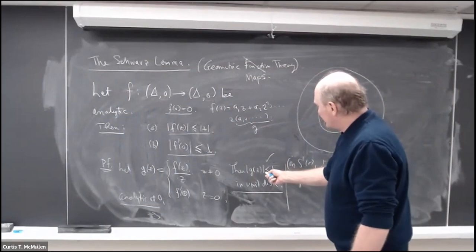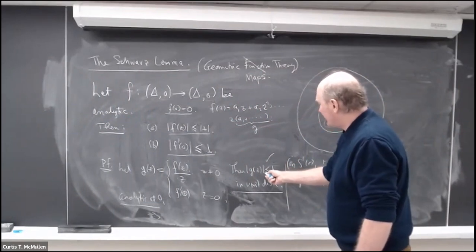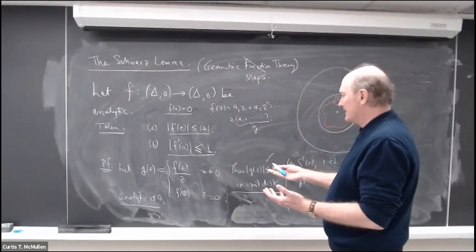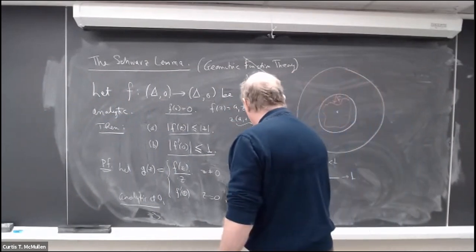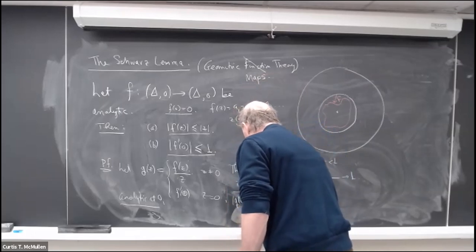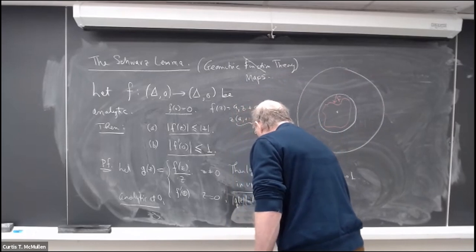The other remark I want to make is that we can also analyze the case of equality here. If you have a function that's bounded by 1 and it achieves the value 1 at some point, then it has to be constant. So if equality holds here, then g must be constant. If the absolute value of g of z equals 1 at just one point, then g of z is constant.